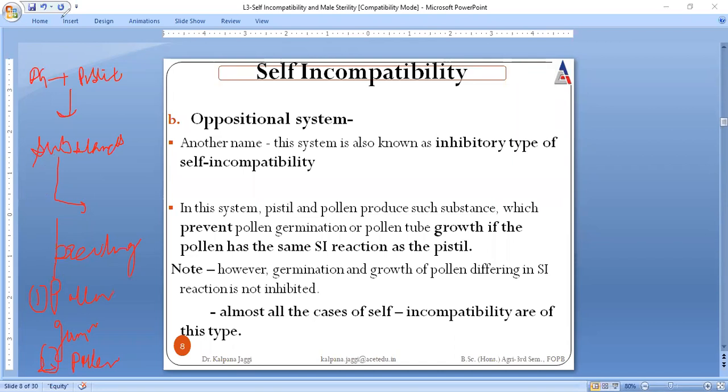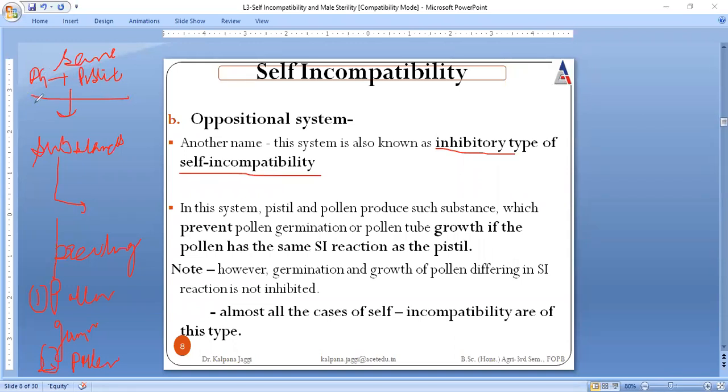So this is the reason they are said to be the inhibitory type of self incompatibility. Very important: this inhibitory action will be produced if the genotype of pollen grains and pistil is the same. In the complementary case the genotype is different, but here the genotype is going to be the same.